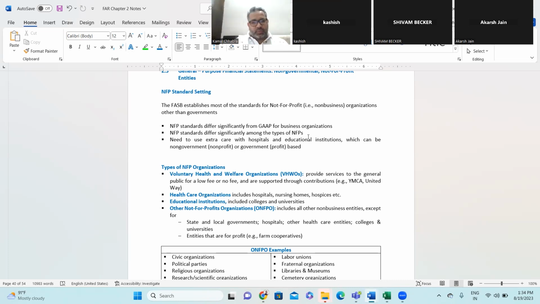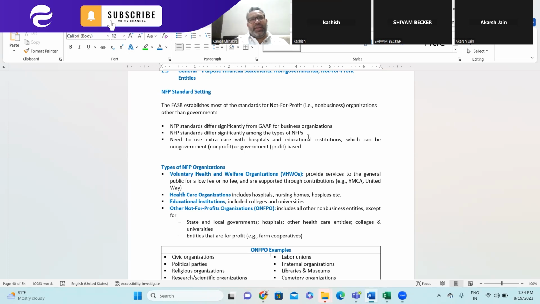In India also, schools, colleges, universities and hospitals are not allowed to be a private limited company or a public limited company, right? They are allowed only under a society as per the Society Registration Act, a trust as per the Trust Registration Act, or a Section 8 company, which is a not for profit organization. Make sense?